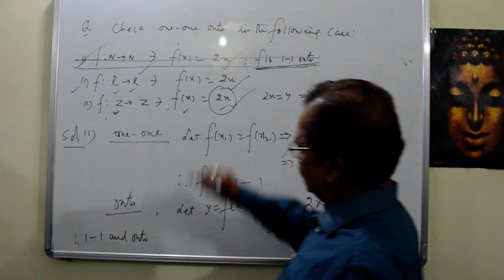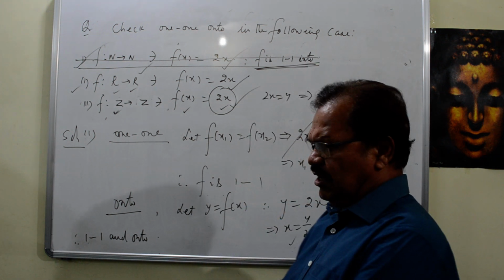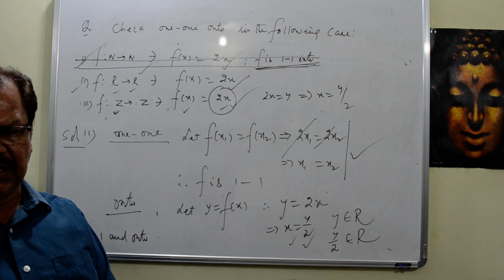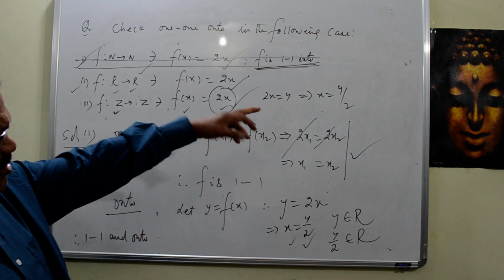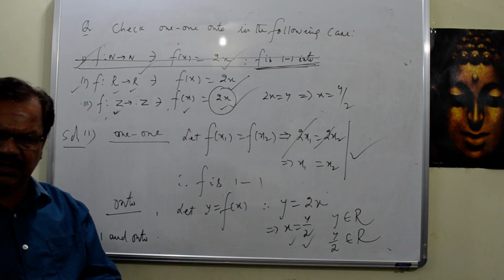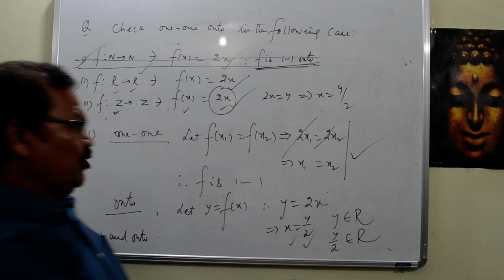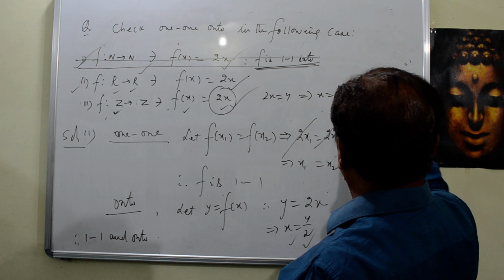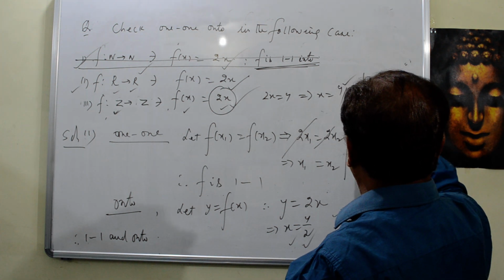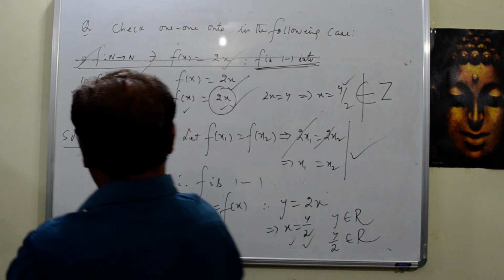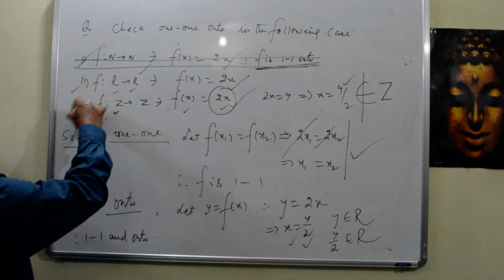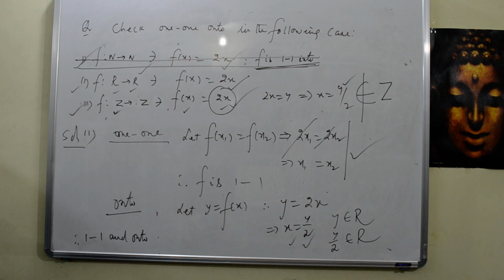No, because y is an integer. It may be 1, it may be 2. If it is 2, okay. If it is 3, not okay. Because 1 by 2 is not an integer, 3 by 2 is not an integer. So it is not satisfying all values of y. So this implies it doesn't belong to Z. Therefore this is not onto. This is simply 1-1. So this is 1-1 but not onto.